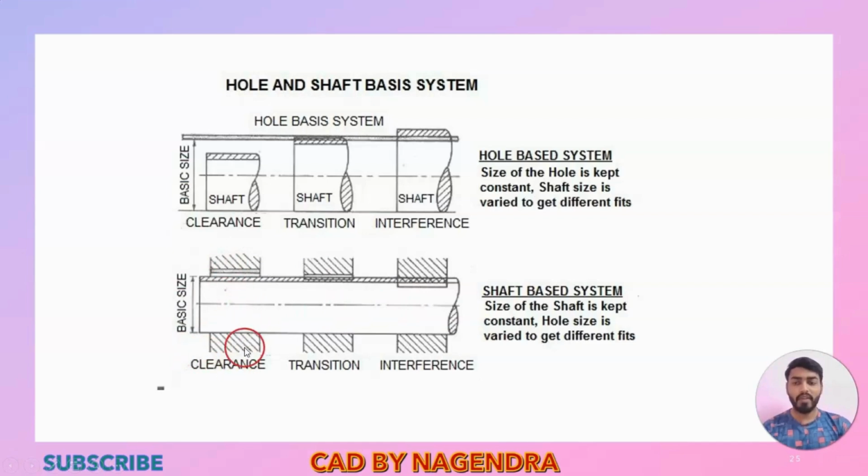So if the hole diameter is greater than the shaft diameter, we will get a clearance fit. If the hole diameter and shaft diameter are equal, we will get a transition fit. And if the hole diameter is less than the diameter of the shaft, we will get an interference fit. So like that, we will use these two types of fits.